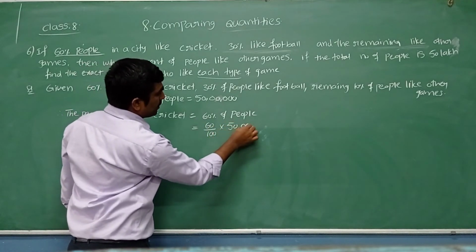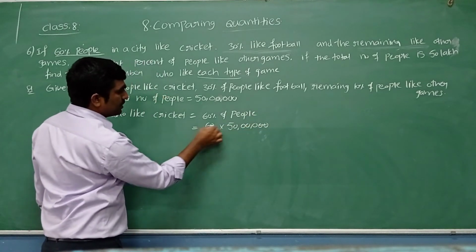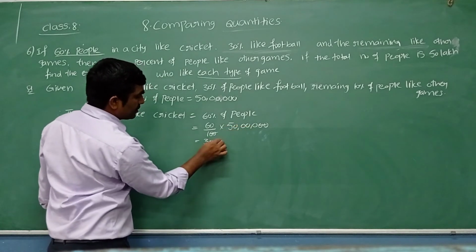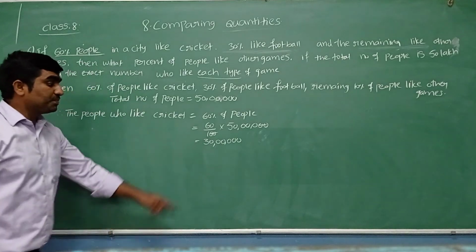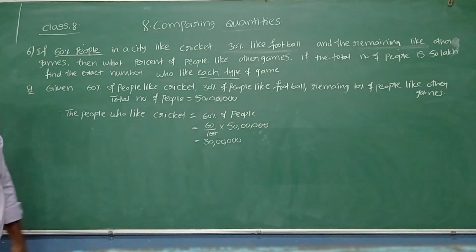So the people here, I can see 50 lakhs. Simplify, these two zeros cancel. 6 fives are 30. 5 zeros. What can we say now? Sir, out of 50 lakhs, 30 lakhs people are interested in cricket.